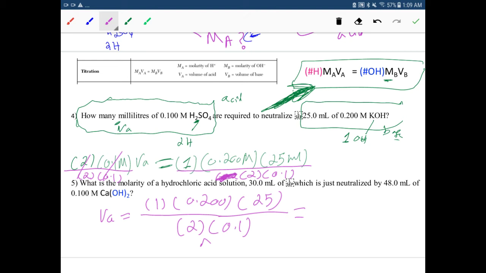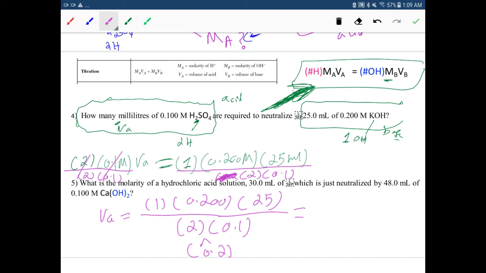If you do 1 times 0.2 times 25 divided by 2, and then you multiply by 0.1 right away, you're going to get the wrong answer. You have to multiply these together before dividing. So 2 times 0.1 is 0.2. Now you can multiply the top and then divide by 0.2.